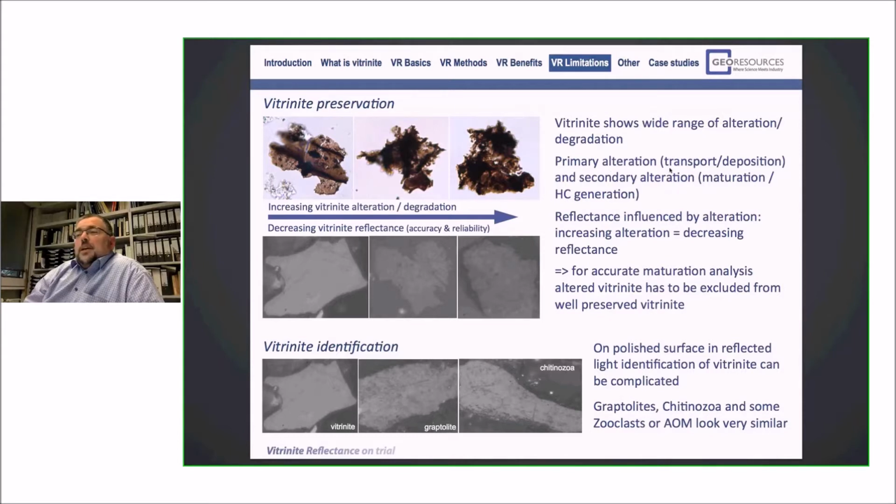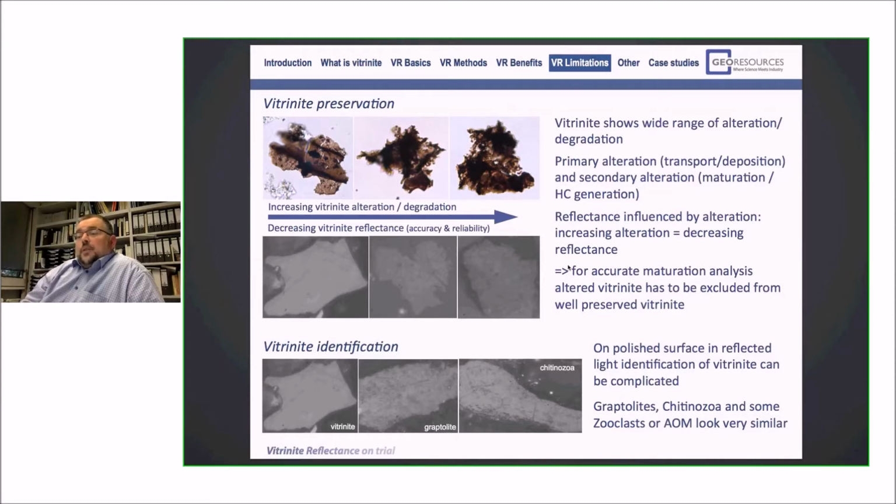And this is a secondary alteration that very often leads to badly preserved organic matter in highly productive source rocks. From a certain limit, the particles are so badly preserved that really reliable vitrinite reflectance analysis is no longer possible.